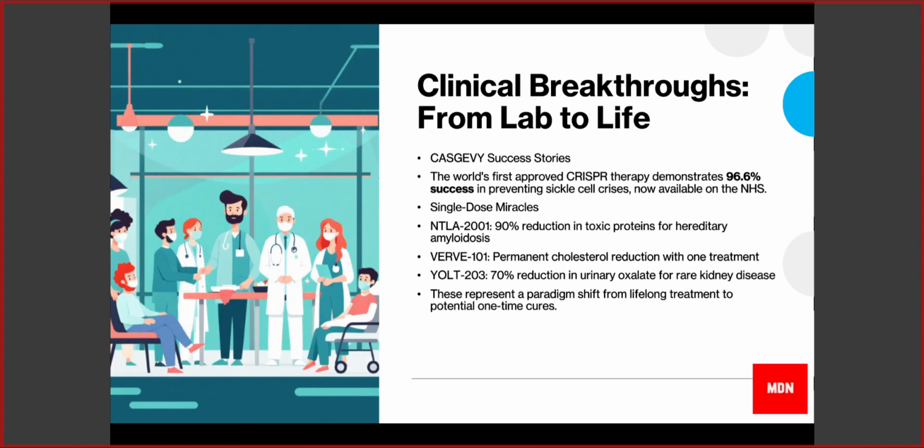And these represent a shift from lifelong treatment to potential one-time cures. So instead of the patient going nearly every day or every week and having to spend their life surrounding this one disease, they can instead go for one treatment, which improves their quality of life.